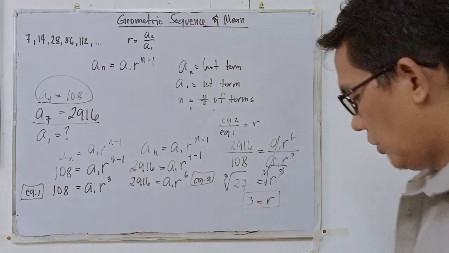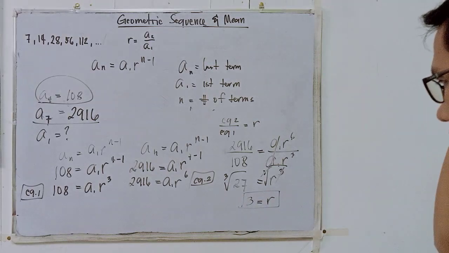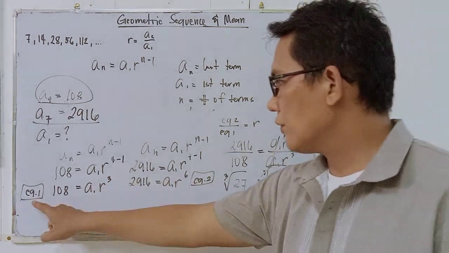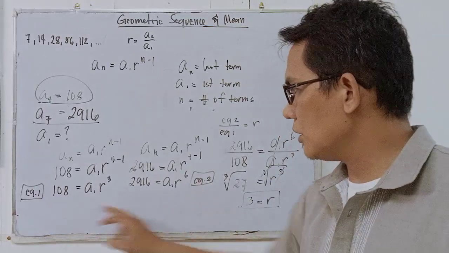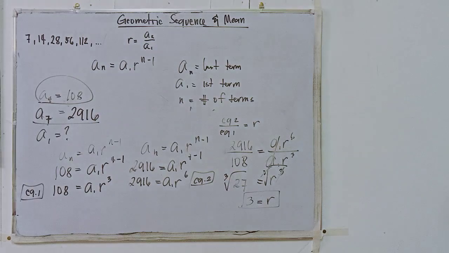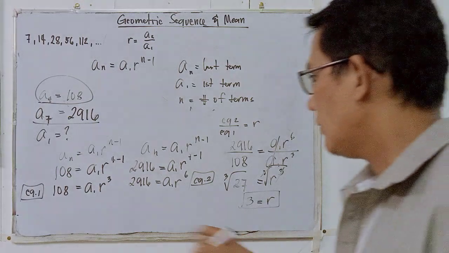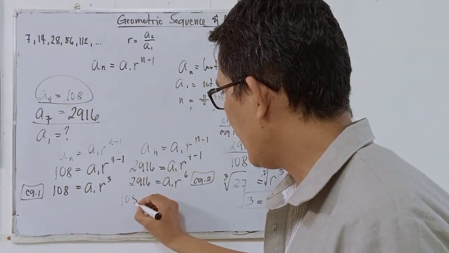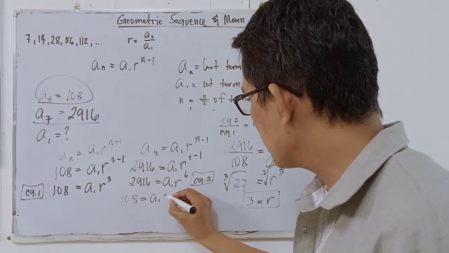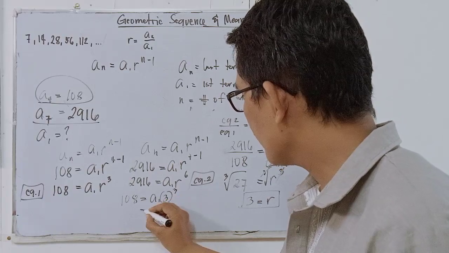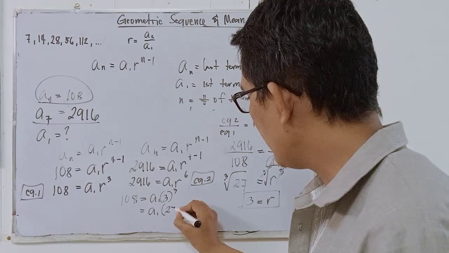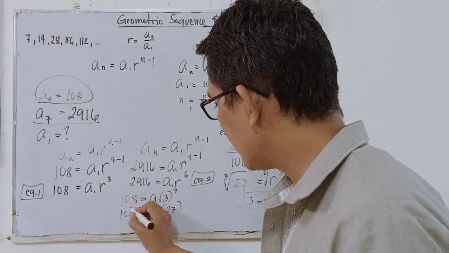Now, since you are asked to solve for the first term, the R value will be substituted either first or second term, but I suggest use the first term since that is only a smaller number compared to our second equation. Then use this one. 108 is equals to a sub 1. Our R is 3. This becomes 3 cubed. A sub 1, 3 cubed is 27. 108.